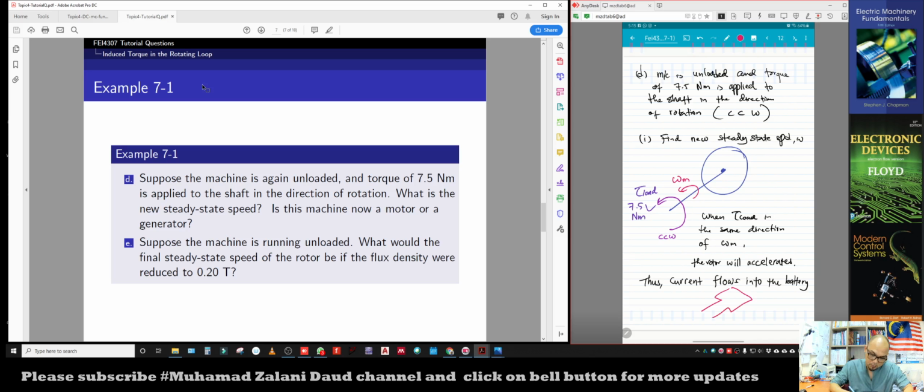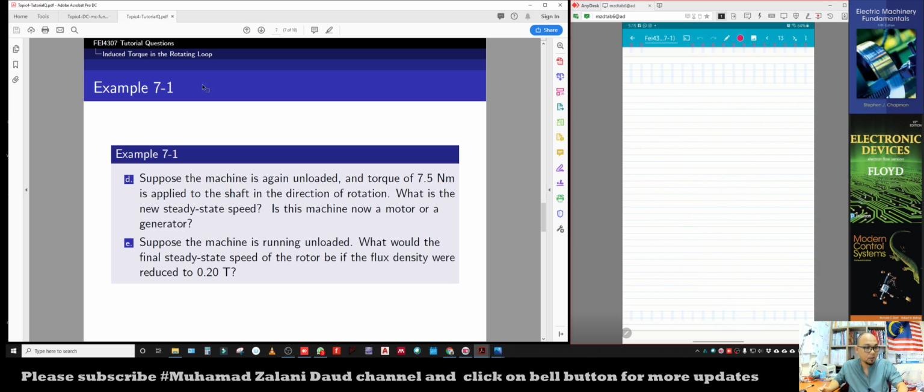The current is into the battery. In that case, E_in is larger than VB. This machine is working as a generator. We know that.